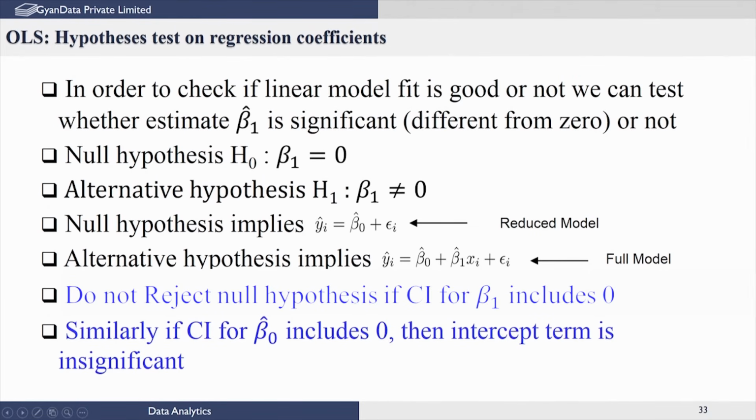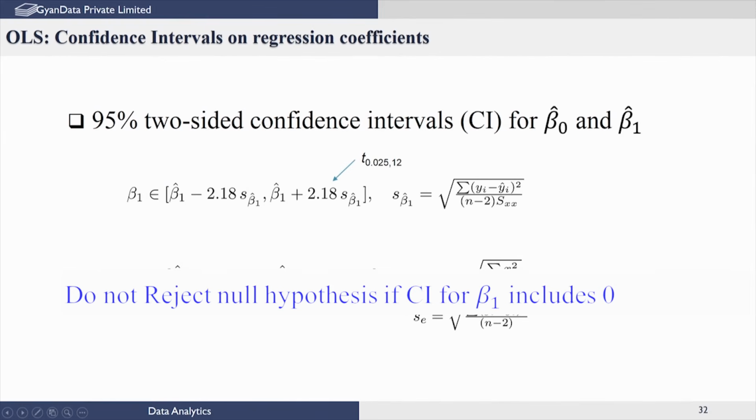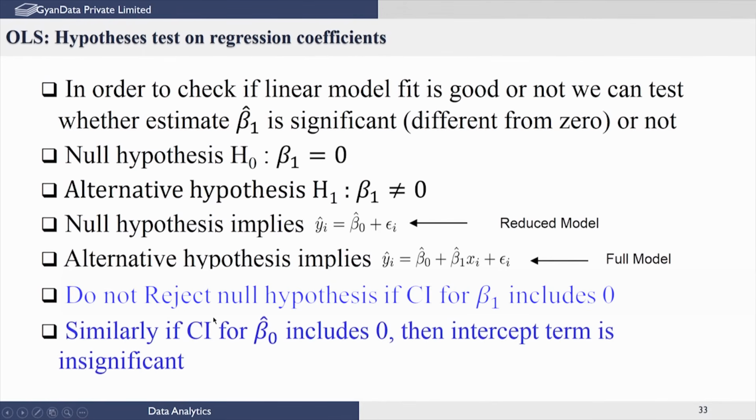We can extend this kind of analysis to test whether beta naught is 0 or not. If the confidence interval for beta naught includes 0, then we will say that the intercept term is insignificant, otherwise we will say the intercept term is significant and should be retained in the model. When we do a final example we will see this.